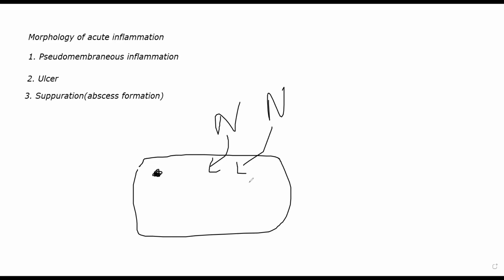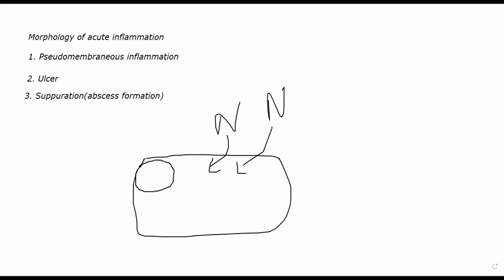Now, as these neutrophils come and flood this area, the cell will start undergoing necrosis. If the cell is not able to survive the attack of that bacteria, it will undergo necrosis, and because necrosis is occurring, the cell is damaged beyond repair. Essentially, a cavity will be created.